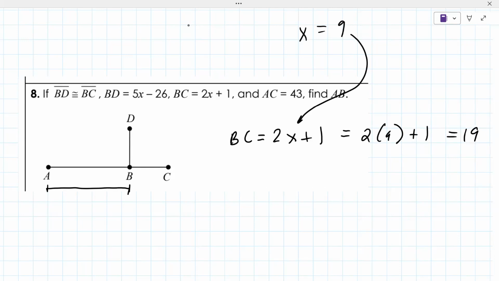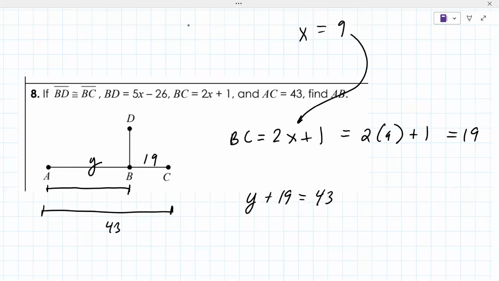So BC is 19, and the whole thing is 43. I'm going to call this y for the moment. So y plus 19 equals 43. How do we solve for y in this equation?